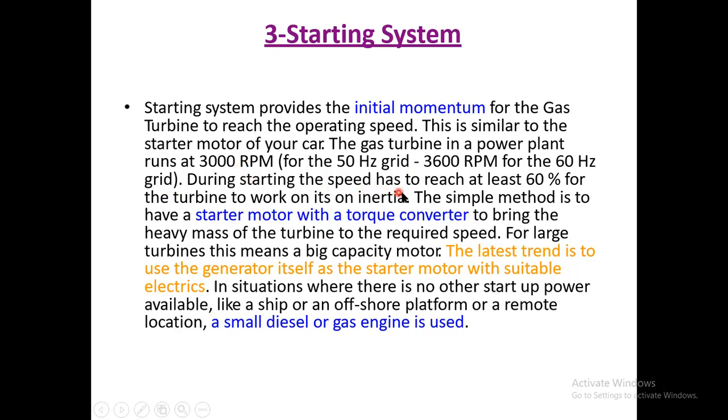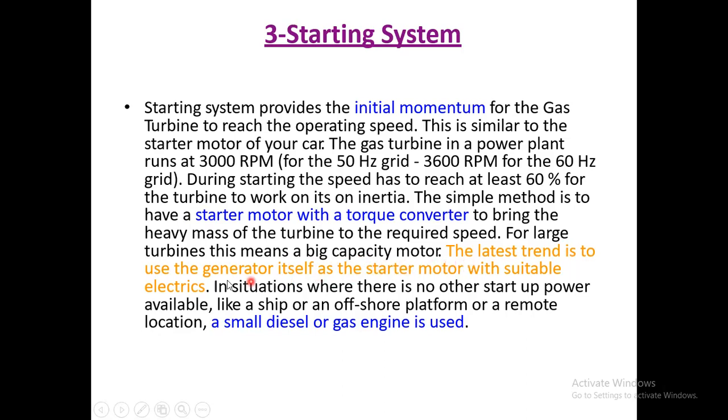During starting, the speed has to reach at least 60% of the turbine speed to work on inertia. The simple method is to have a starter motor with a torque converter to bring the heavy mass of the turbine to the required speed. For large turbines, this means a big capacity motor.